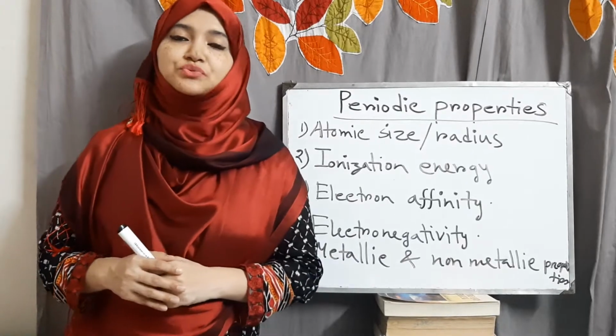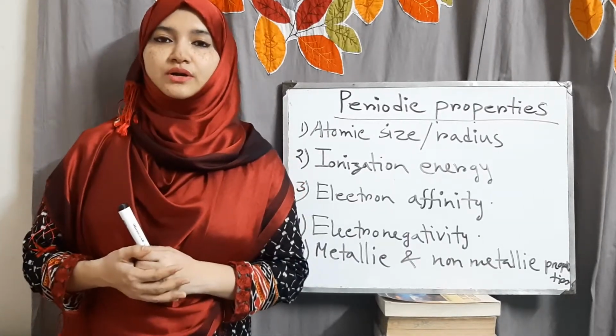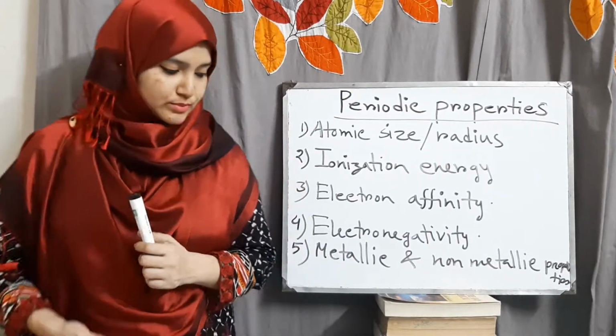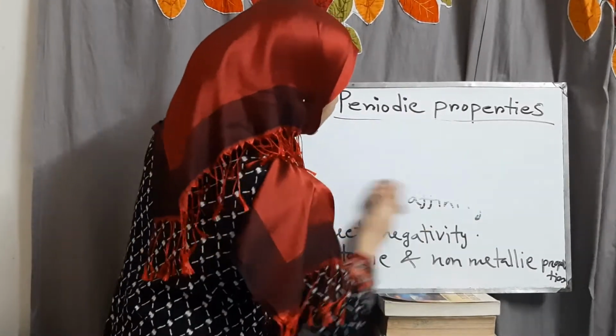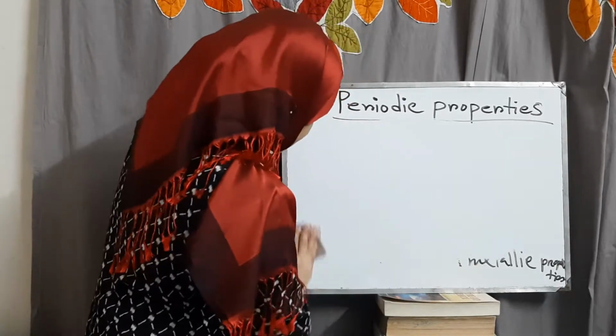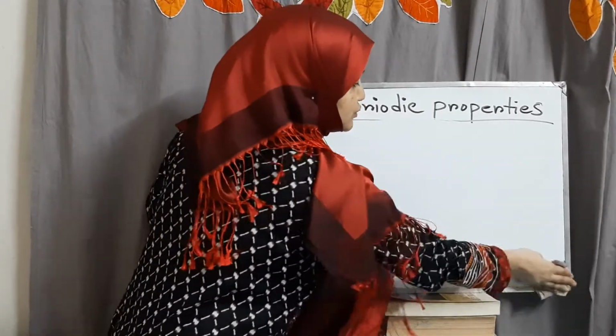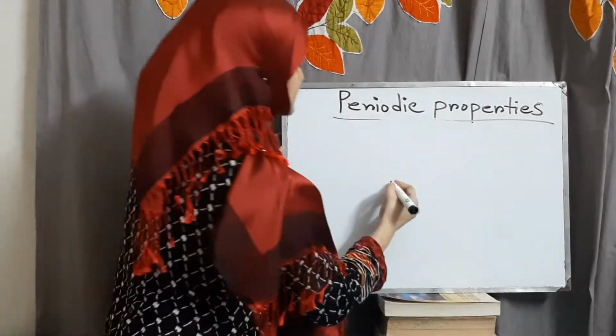Let's start with atomic radius or atomic size. What is atomic radius? Simply, we can define atomic radius as a distance.